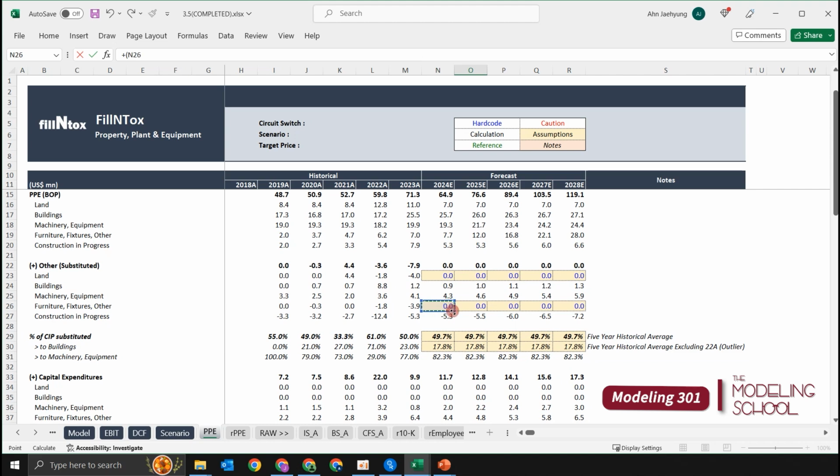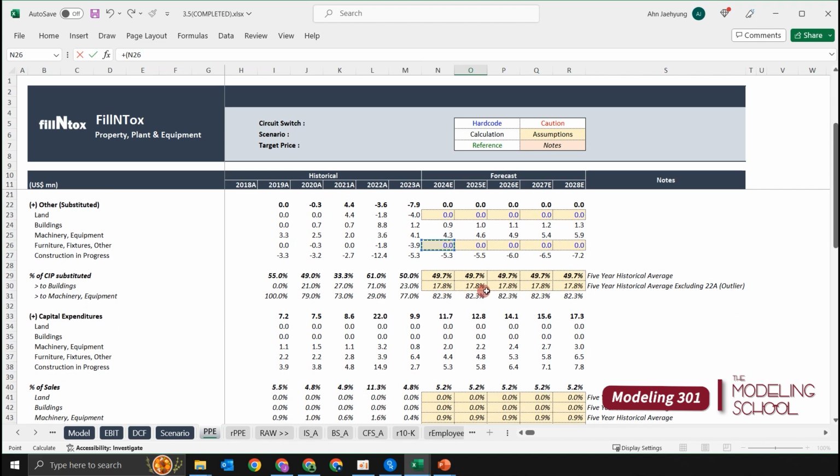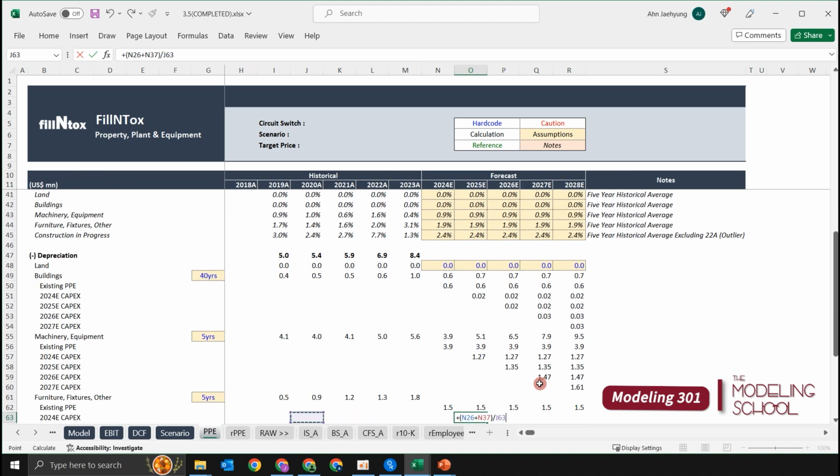So despite the fact that it's 0, for consistency we're gonna include it, and capital expenditures divided by the useful life, F4.